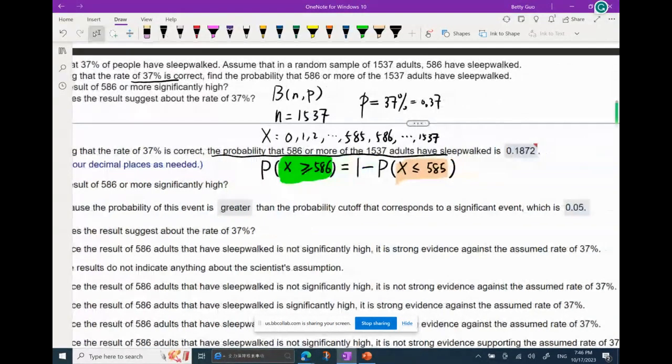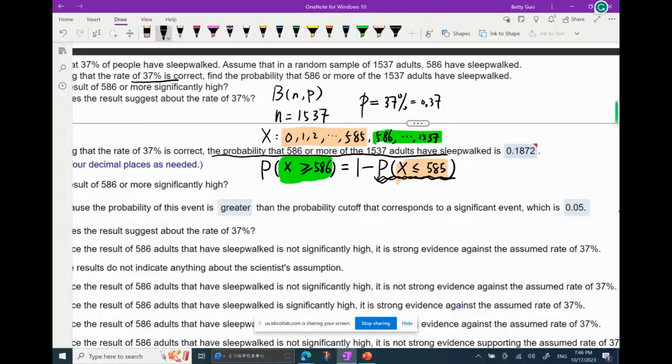The event we are looking for, the green, is from 586 all the way to the maximum value, the number of trials. And what is the complement? The complement is from 0 all the way to 585, right? No more than 585. Why do we do this adjustment? Because the calculator has a function, binomial CDF, that could help us evaluate this probability.